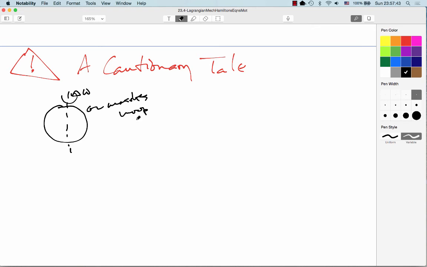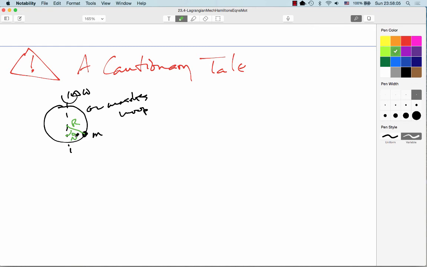Now I have a bead of mass m sitting right there. So we can dimension this out. We'll say the radius of the hoop is r, and that will be our pretty obvious generalized coordinate.